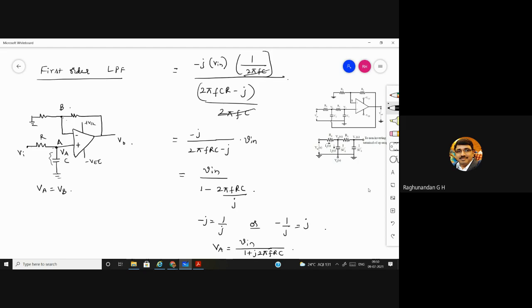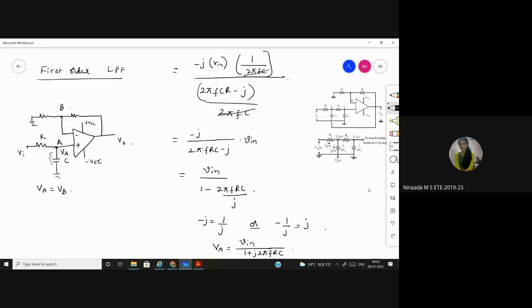Anybody? Others? Any other answers? Non-inverting, sir. Why non-inverting? Your friend said it's inverting. Because it's a non-inverting op amp only, sir.